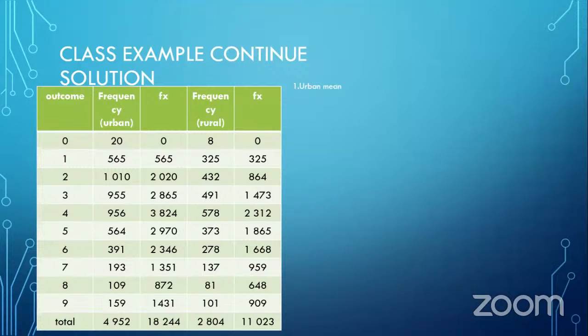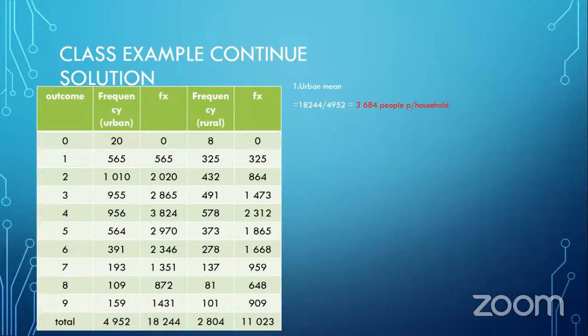But here we have our data: 18,244 divided by 4,952 households, the number of people divided by the households. This is the people who are actually living there. So our mean is 3,684 people per household.